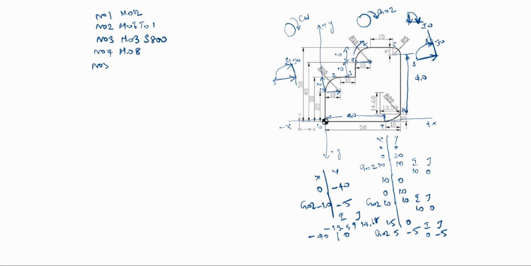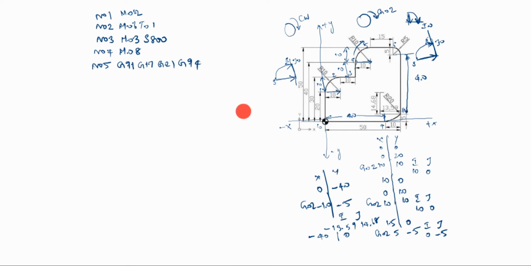N05, G91, G17, G21, G94. This is very important. We took all the dimensions in G91 mode, incremental command. Only we have taken the X and Y values, so don't forget to write G91 code here.